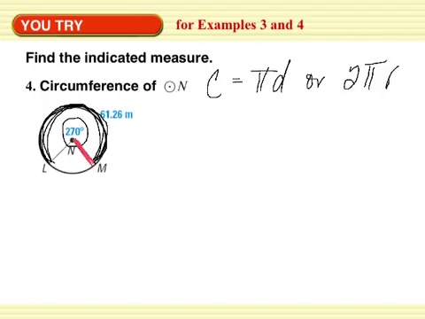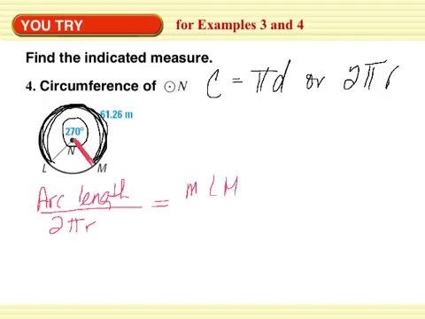So if we use our original equation, arc length over 2 pi r, or over circumference, equals the measurement of the arc. This would be the major arc LM, because it's the only one we have the degrees for, over 360. So really we are trying to solve for this.